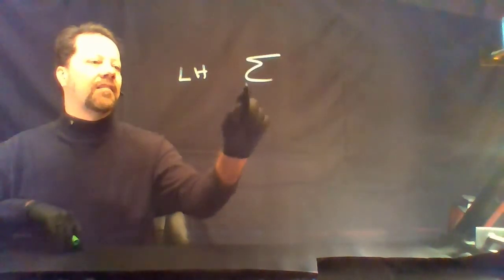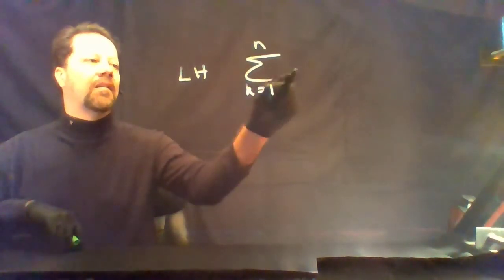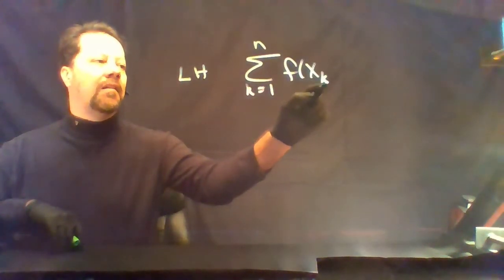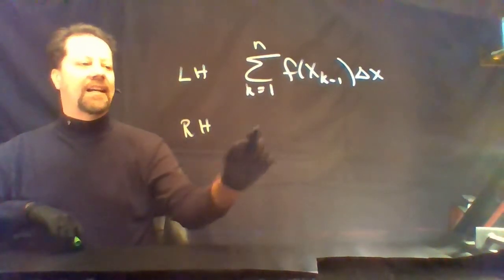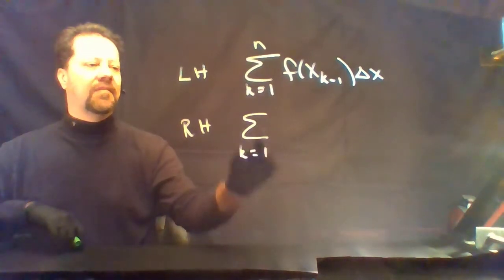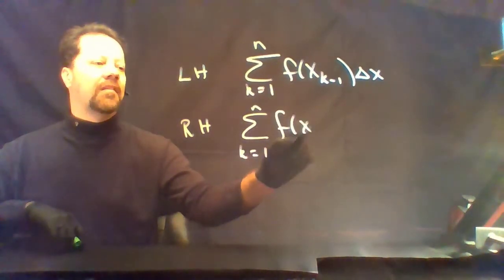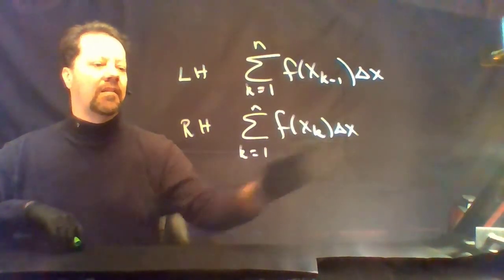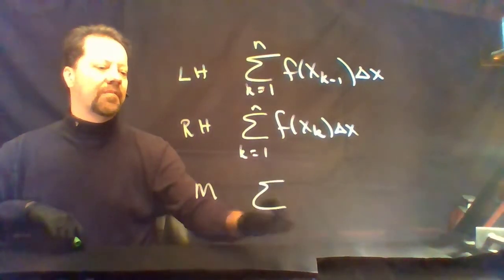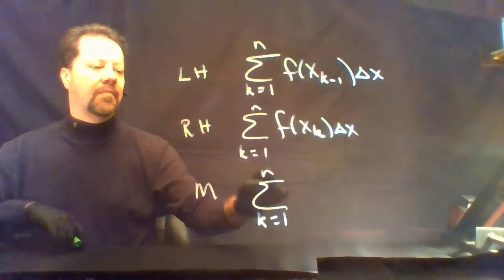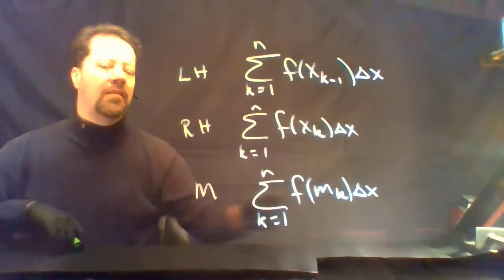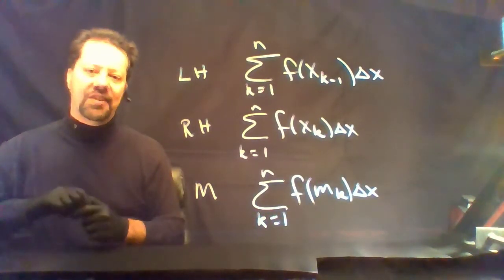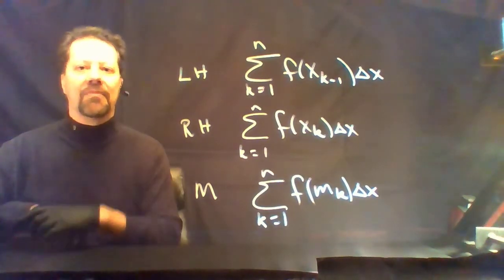So we have left hand, right hand, and midpoints, all as ways of estimating areas of undergraphs.